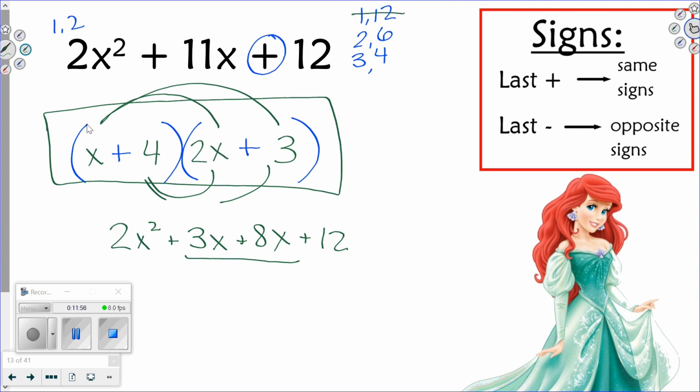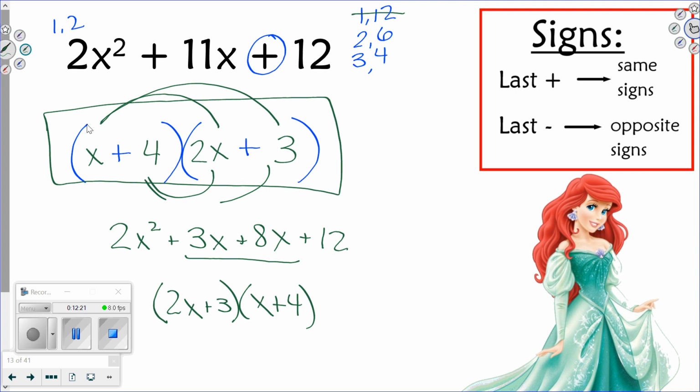Okay? Now, could I have written it as 2x plus 3 and then x plus 4? Would that have been okay? Mm-hmm. What's 3 times 4? What's 4 times 3? No. Well, that example backfired, didn't it?